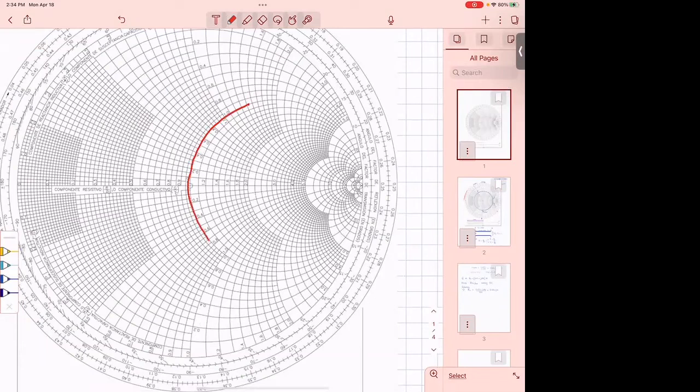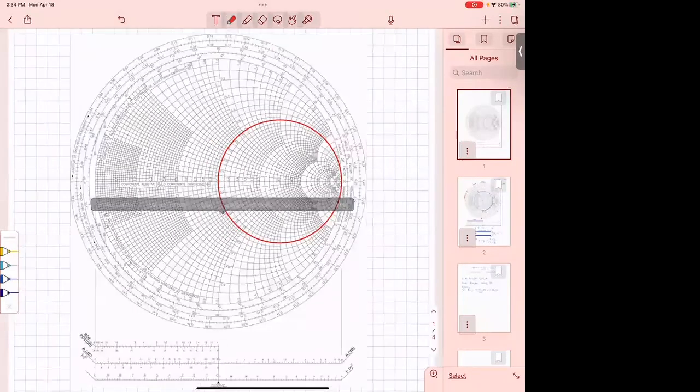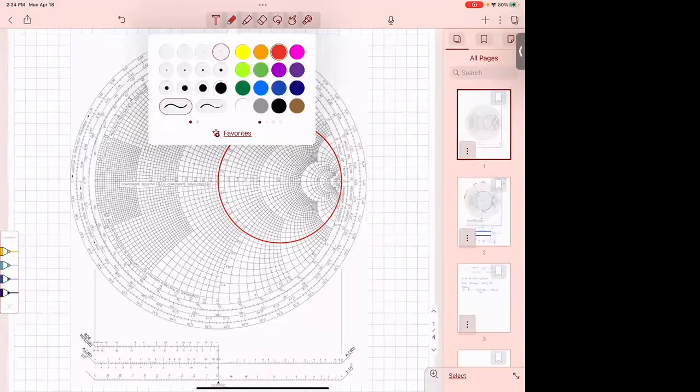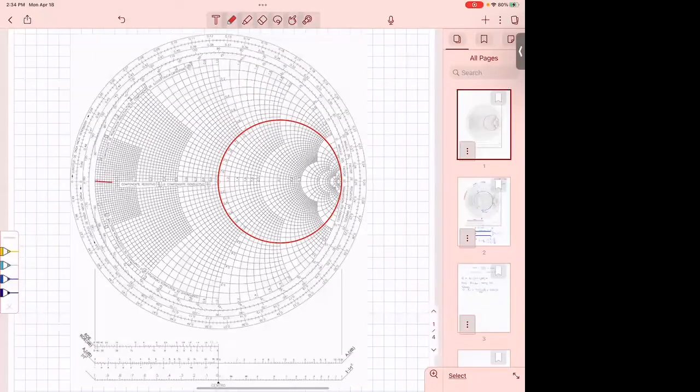They have their centers on this horizontal axis that goes through the center of the Smith chart.